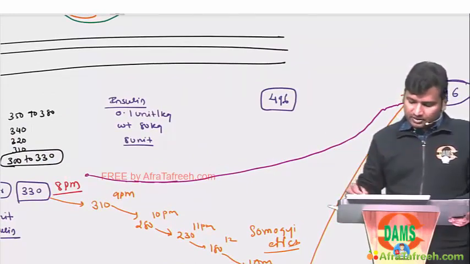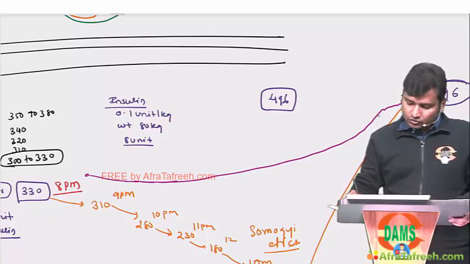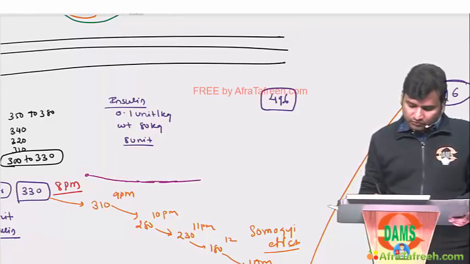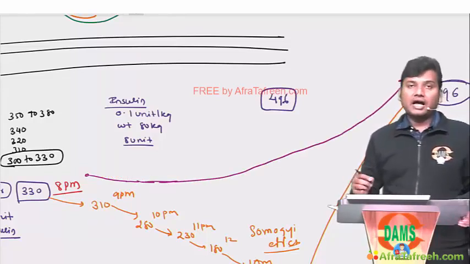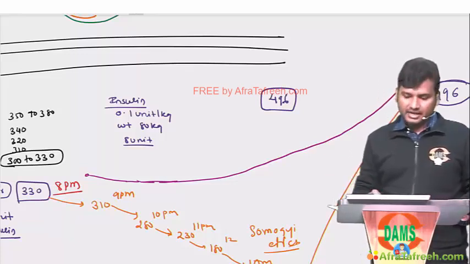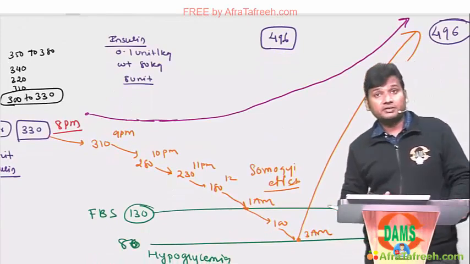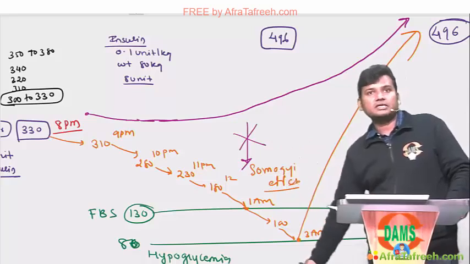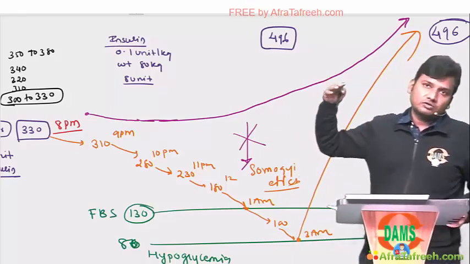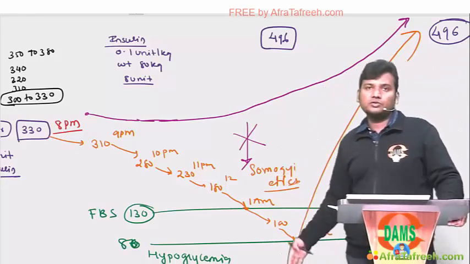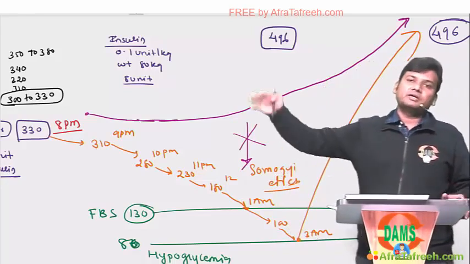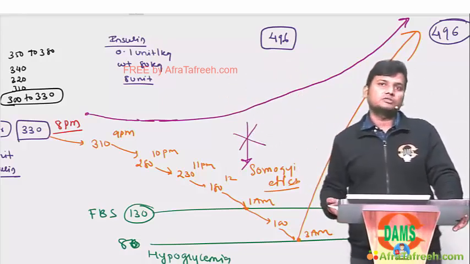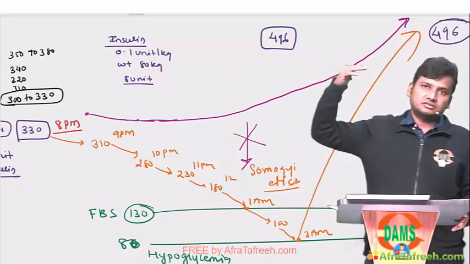In dawn phenomenon, the patient has very low sensitivity or very high resistance to insulin, because of which the patient has hyperglycemia throughout the night. Sugar is not coming down to 130 or below, or sugar is not coming to a normal level during the night. The patient has hyperglycemia throughout the night because of low sensitivity to insulin or very high resistance to insulin.